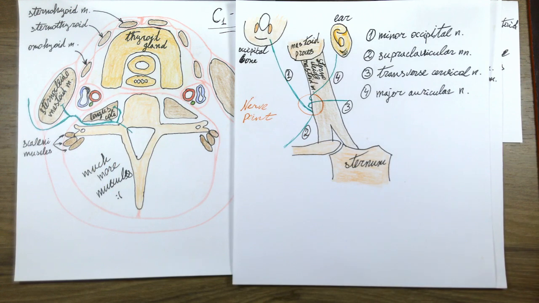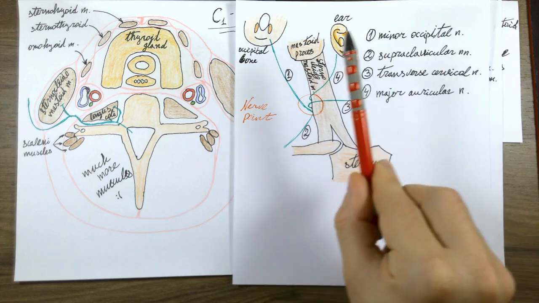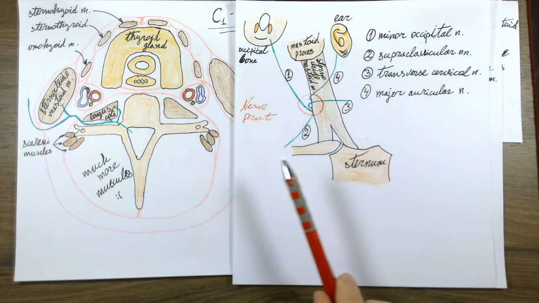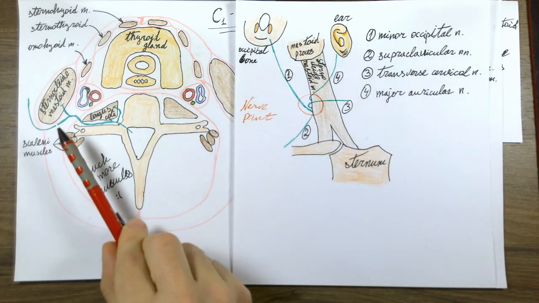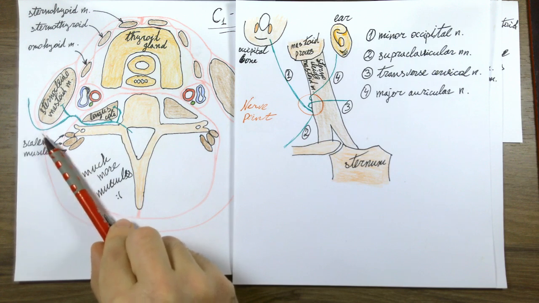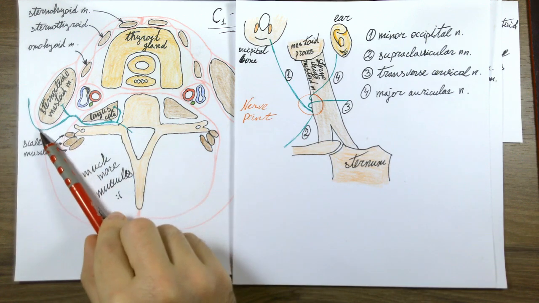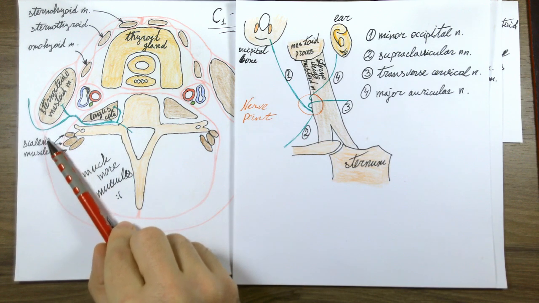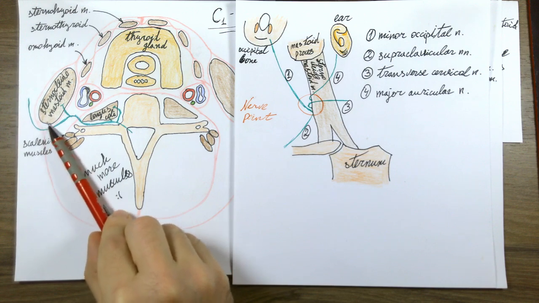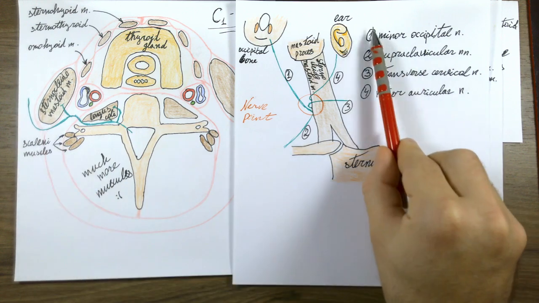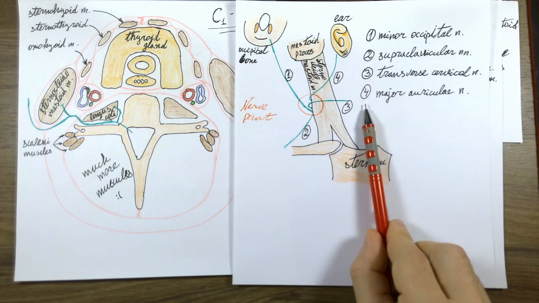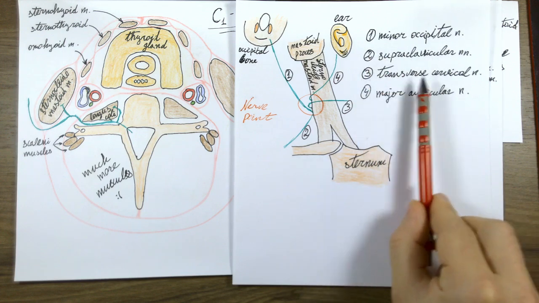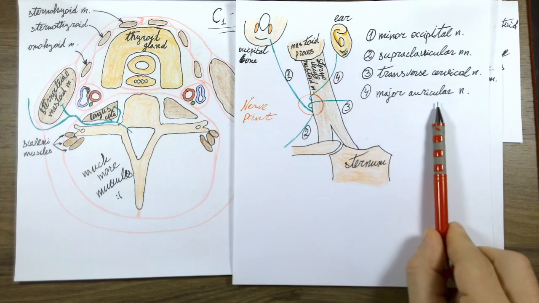Before we go over that, what I want to mention, actually to remind you, is that part of the sensory nerves pierce the superficial, the investing fascia behind the sternocleidomastoid muscle. And there are four of these nerves, right? The minor occipital, the supraclavicular, the transverse cervical, and the major auricular.